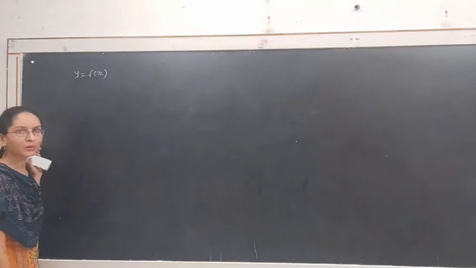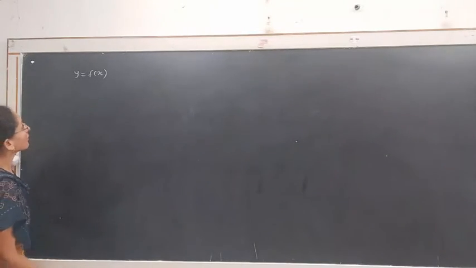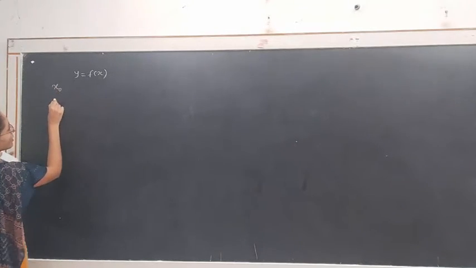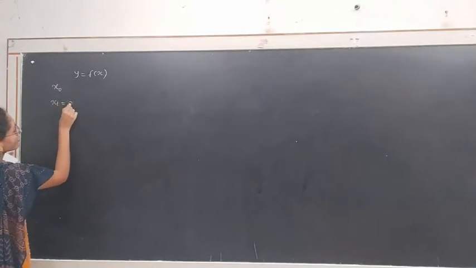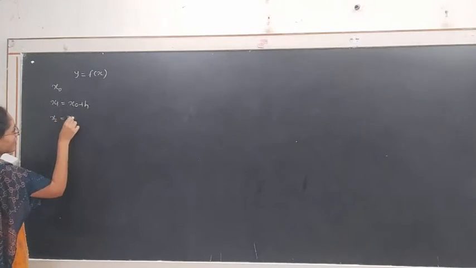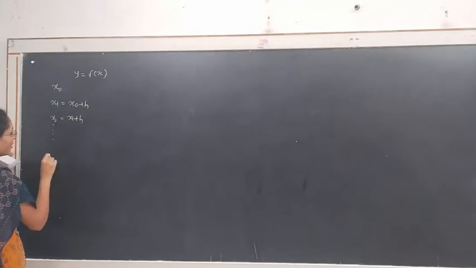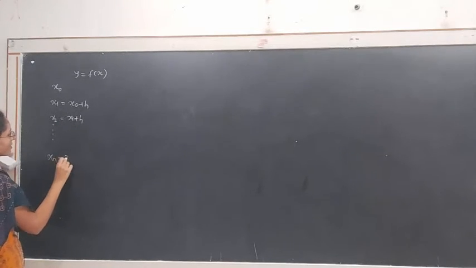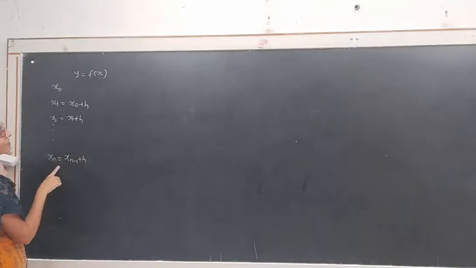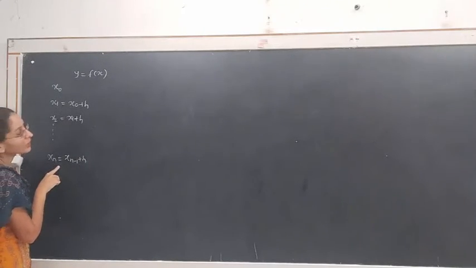Suppose we have the values of x as the initial value x0, the next value x1, which is equal to x0 plus h, the next value x2 is x1 plus h, the nth value of x is xn minus 1 plus h. These are n plus 1 values of x given.